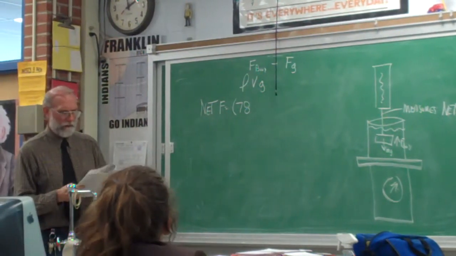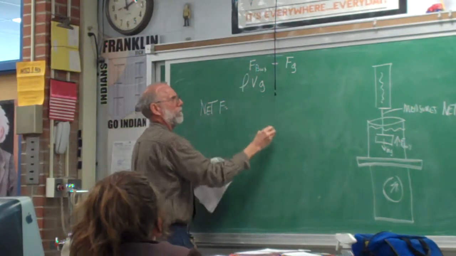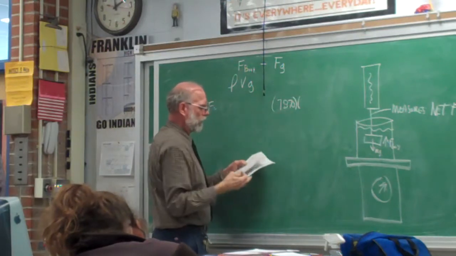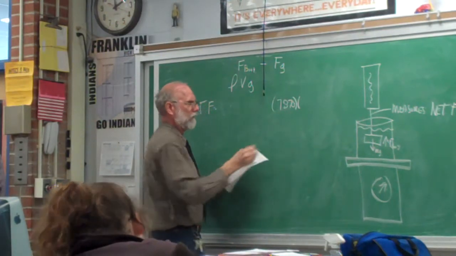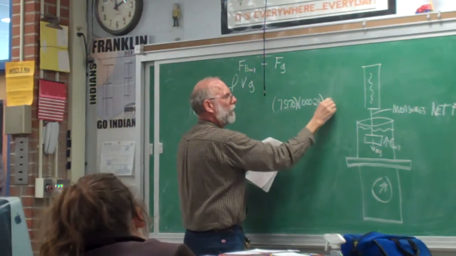Well, actually, it's the other way around. This is the gravitational force. So 7,870 times your volume, which is 0.00025 times 9.8.